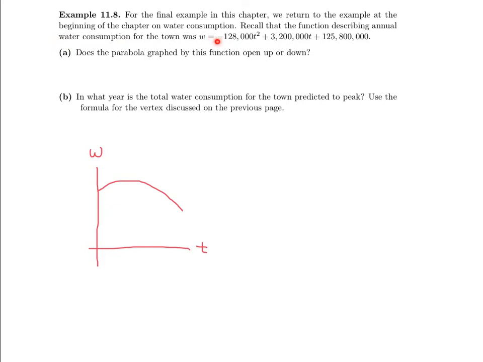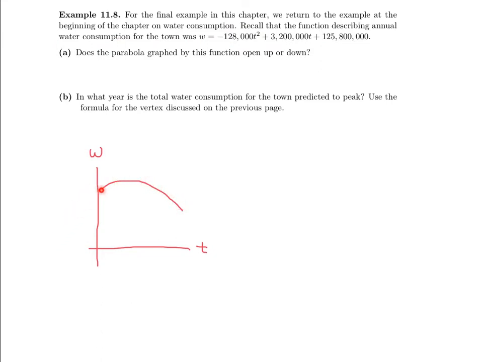Well, I hope we all agree now that the function describing the town's water consumption is quadratic. You can see it has the form ax squared plus bx plus c. A for this function is a negative number, which would imply that the graph of this function is a parabola that opens down. And in fact, that's what we saw.